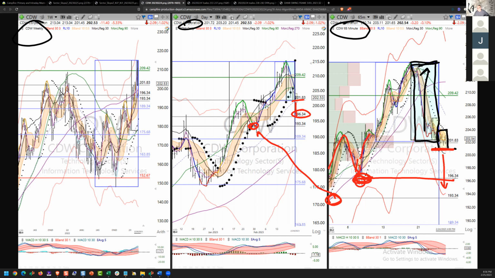And then the next one, 193.34, is the belly of the RL10 on the daily. He has the next below that, 189, he's taken as the support. That used to be resistance, and then when it broke through, that should be support. So he's identified 3 possible targets to the downside.